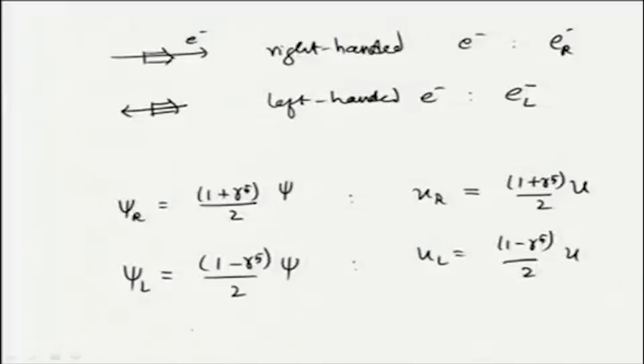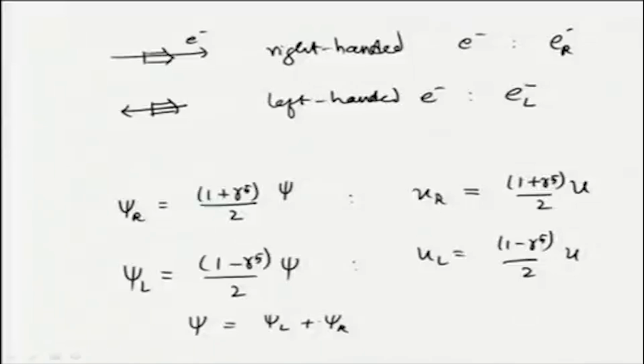This half factor is for unpolarized, without any specific left handed or right handed, or a mixture of these two, which can be written as psi L plus psi r, equal amounts of these two. You see that when you add these two, the gamma 5 factor drops out.